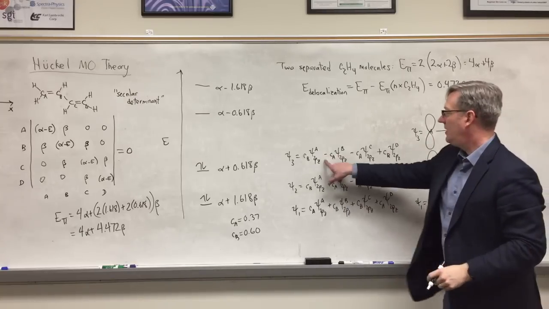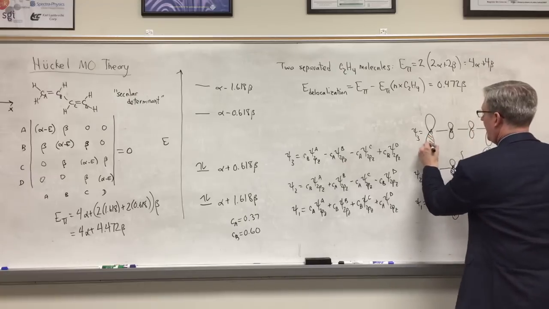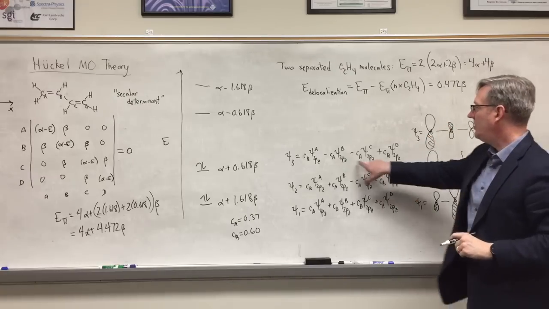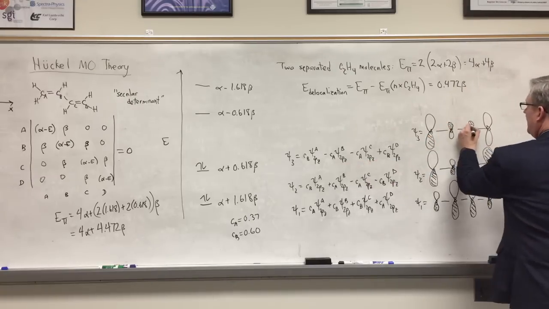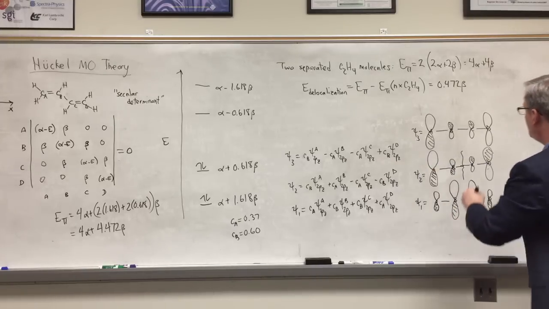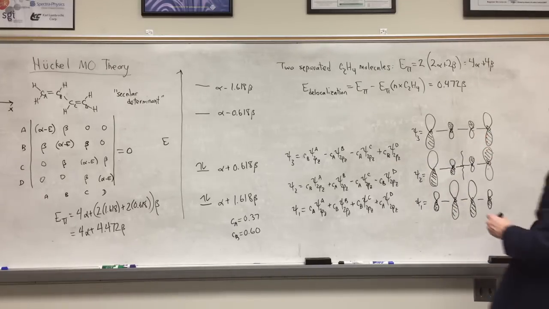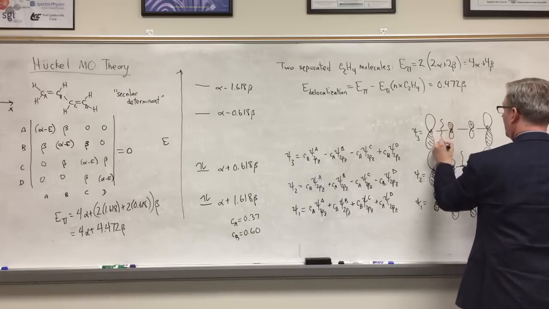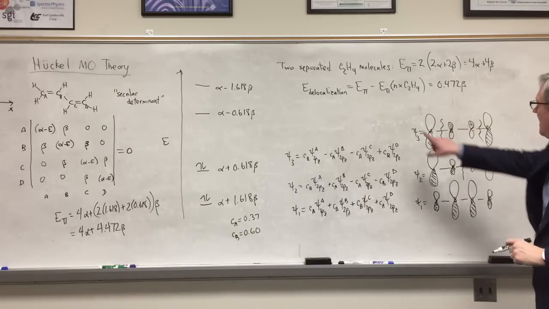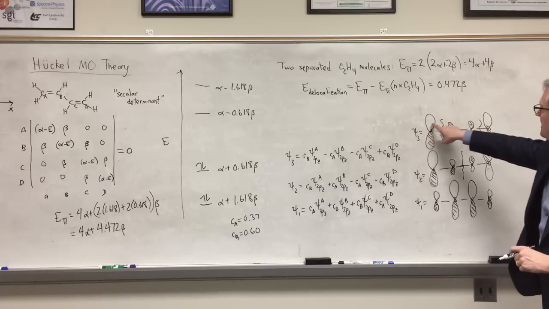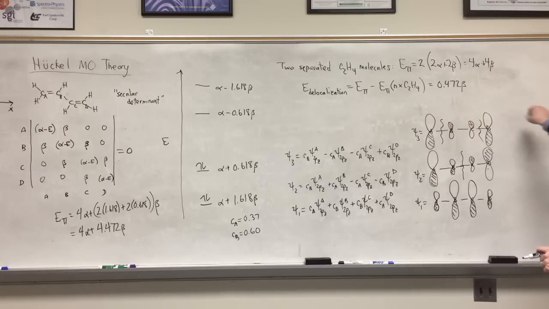But now there's a sign change between A and B, no sign change between B and C, and then a sign change between C and D. Where are the nodes? Now I have a node here and here because traveling left to right, positive, negative, positive. 2 sign changes, 2 nodes.